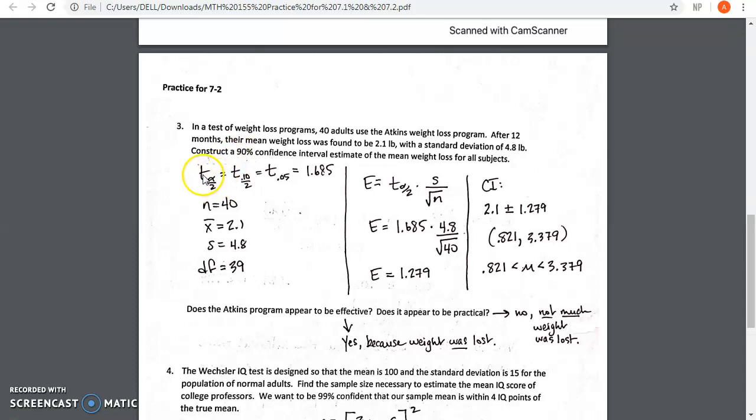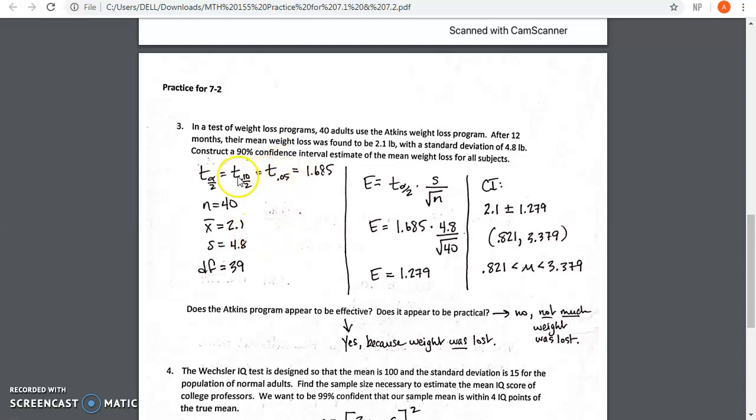And if we're looking for the critical t-value, you're going to take t sub alpha over 2. That's going to end up being the t-score with 10% of the area divided by 2, so the t-score with the cutoff of 5% of the area. And let me take you to Statcrunch and show you how to get this 1.685 for a critical t-value.